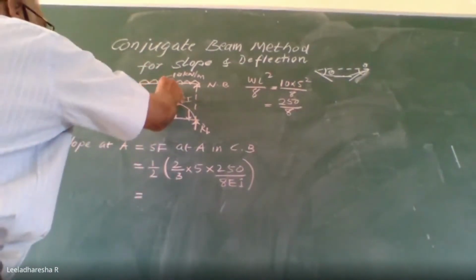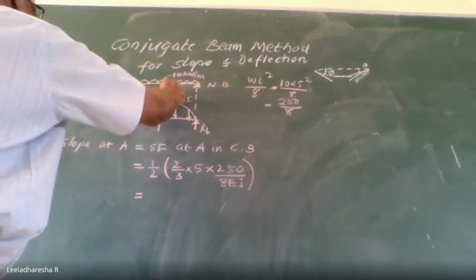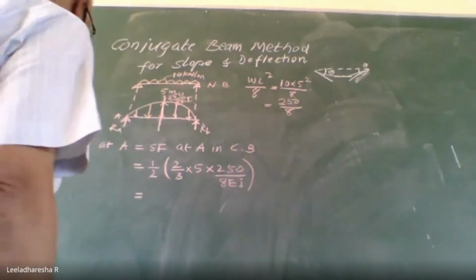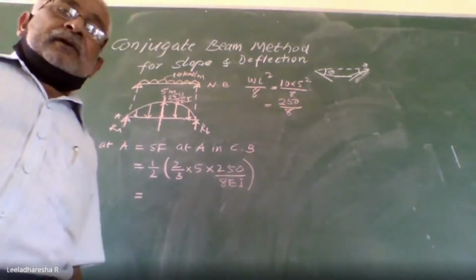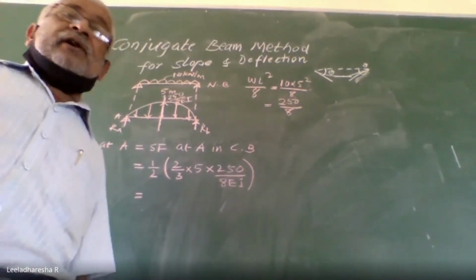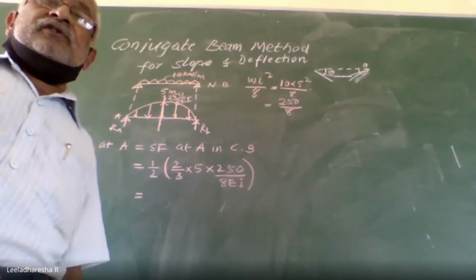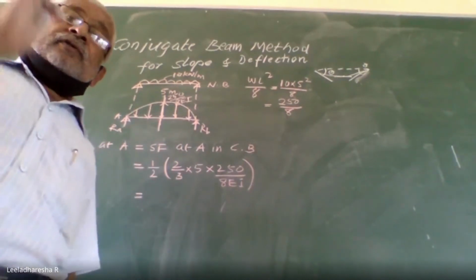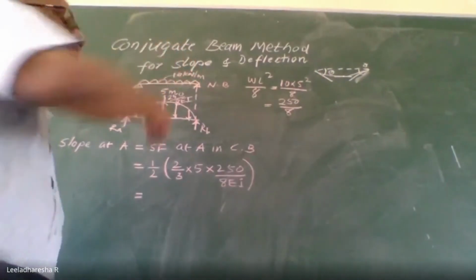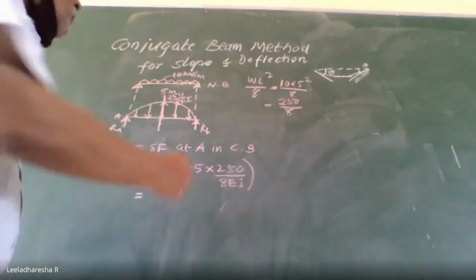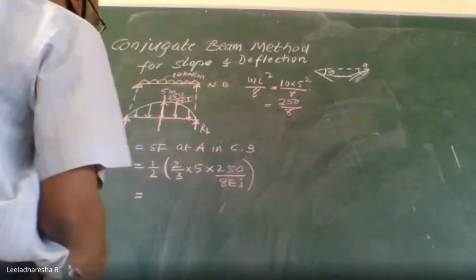And if you want the deflection at the center, what is the relation between deflection and the conjugate beam? The bending moment in the conjugate beam at any section is equal to the deflection in the normal beam. This is the normal beam. So deflection is going to be maximum at the center.